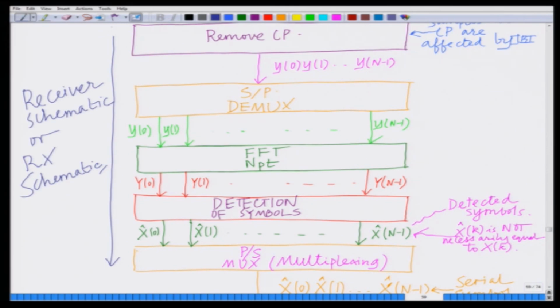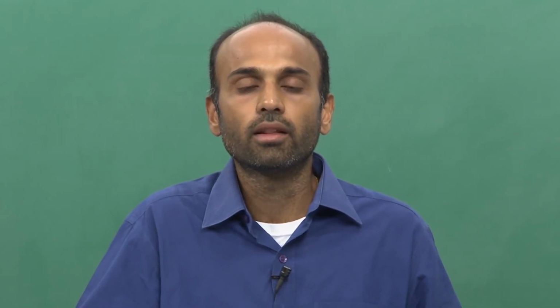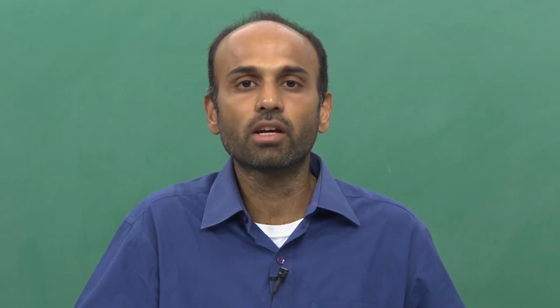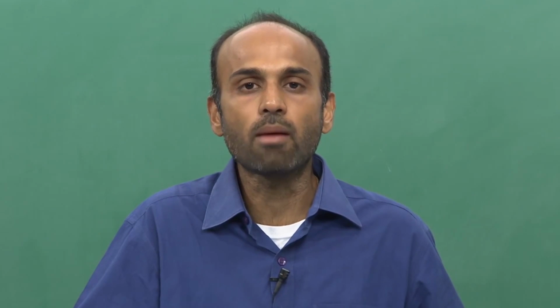So, what we have seen in this module is the transmitter schematic, that is, the sequence of operations, the various modules in the transmitter, the input to each module, the output of each module, until the transmit stream, that is the samples that are transmitted across the channel in this OFDM transmitter, are generated.